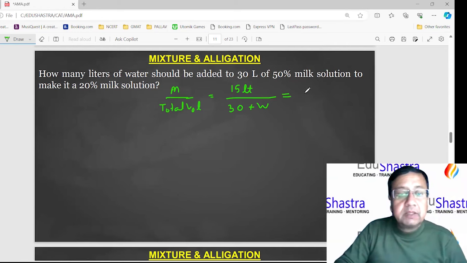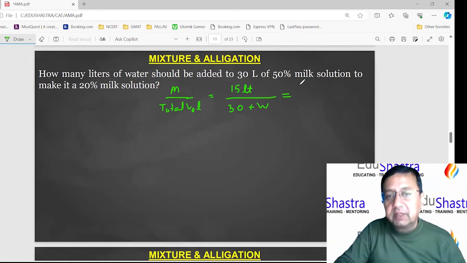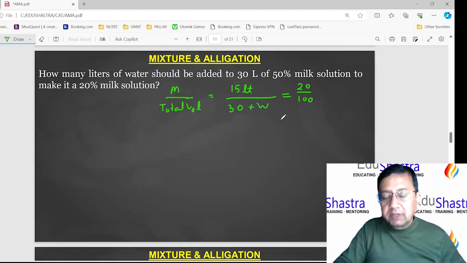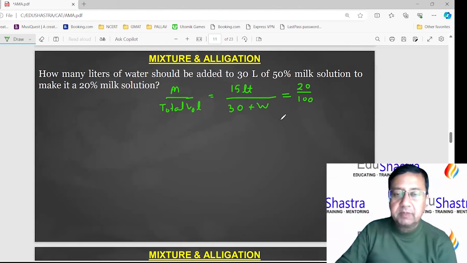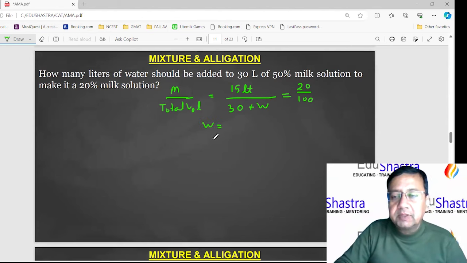After this, the percentage of milk will become 20%, out of a total 100 parts, so this is 20 divided by 100. I suppose you got this expression. So quickly cross multiply and simplify and tell me what is the value of W you are getting here. How much is the W?